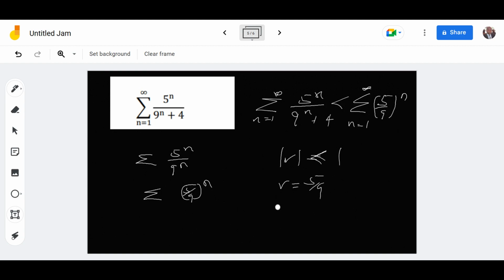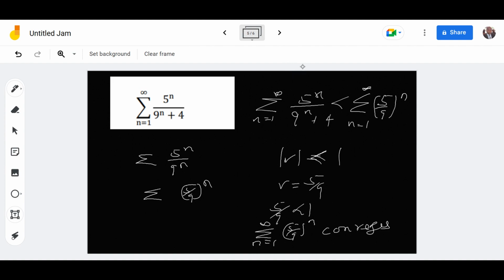And since 5 over 9 is less than 1, we can conclude that the summation of 5 over 9 power n from n equals 1 up to infinity converges. And if this converges, then the original one will also what? Converge. The original one will also converge.